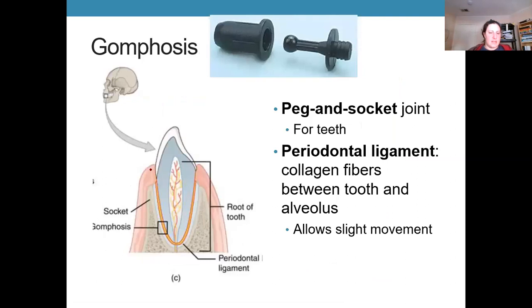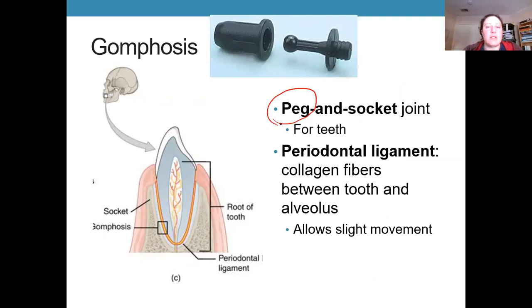And then this is the actual last fibrous joint, a gomphosis, which I know is a really weird word. And when I looked it up, it turns out that gomphosis really just means peg in Greek. We call them a peg and socket joint.